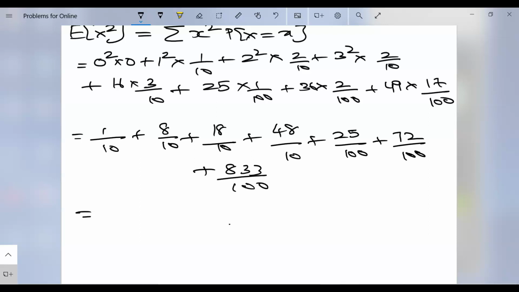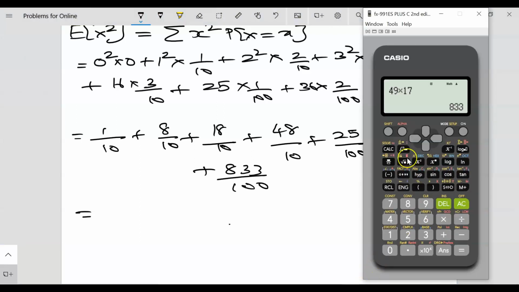Okay, so it is 75 by 10. Let me write it first here: 75 by 10, so 75 divided by 10.